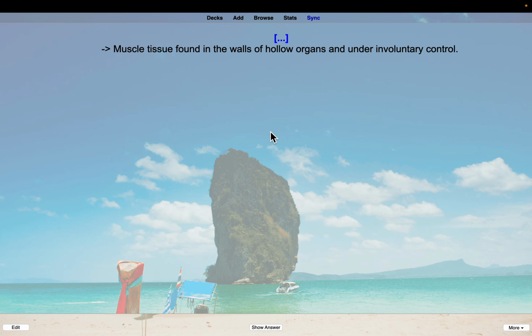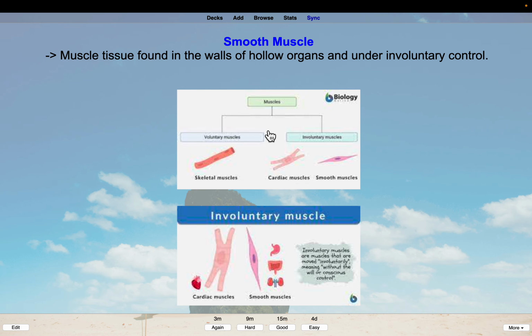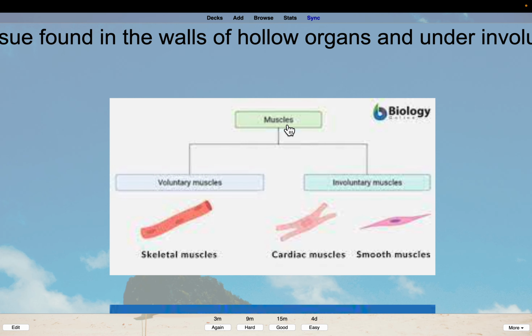Blank is the muscle tissue found in the walls of hollow organs and under involuntary control. Epithelial? No, smooth muscle. There are two types of muscles in terms of whether it's voluntary or involuntary. The first type is voluntary. Under this category, we have skeletal muscles.